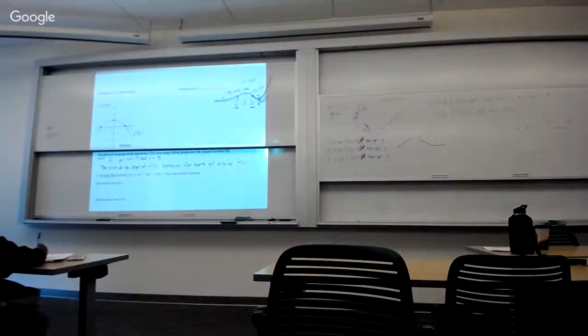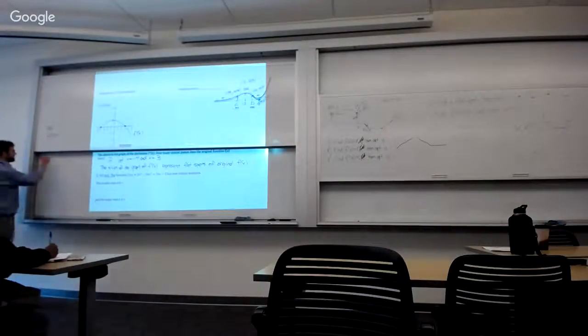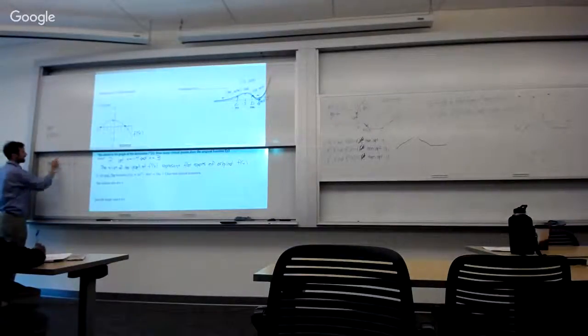All right. In number 2, it says, here's a function. It's a cubic, and they say it has 2 critical numbers. So going back now to our definition, a critical number is anywhere that f prime of x is equal to 0 or f prime of x is undefined.